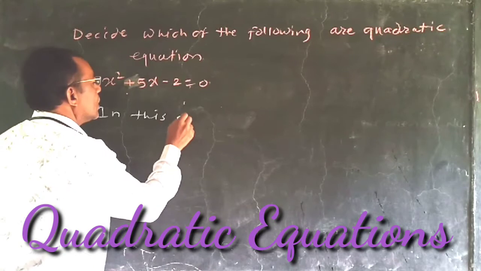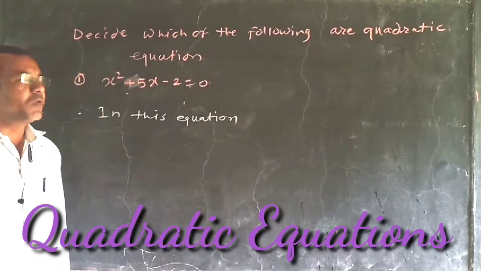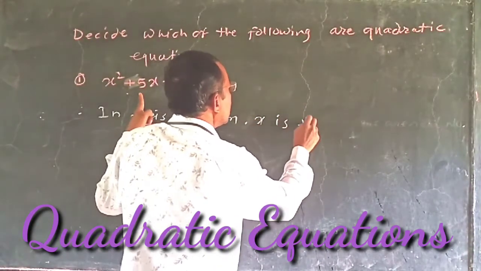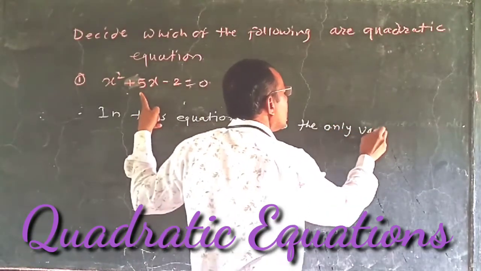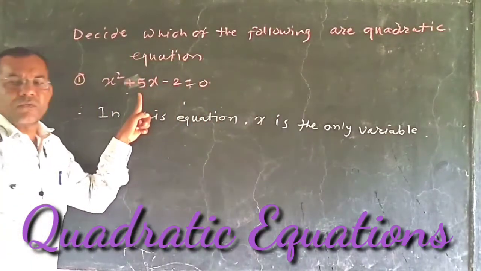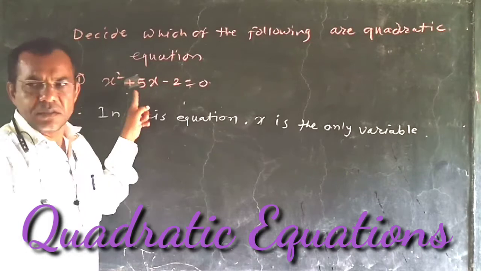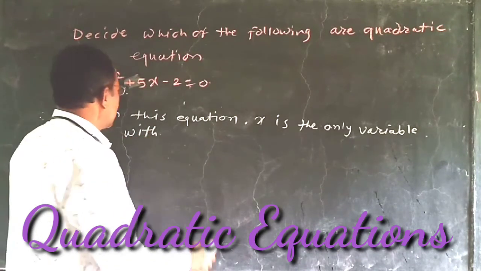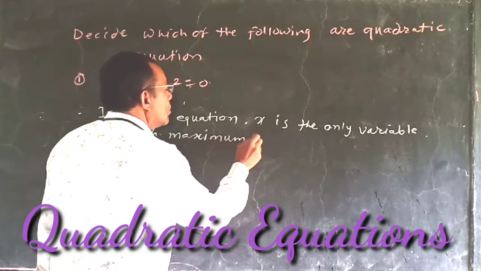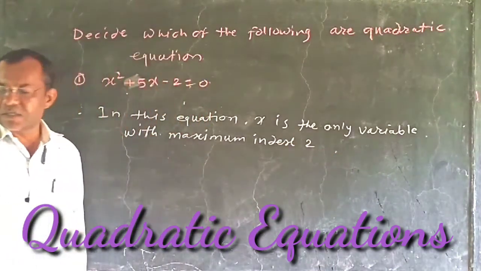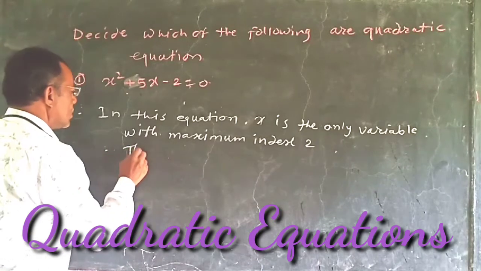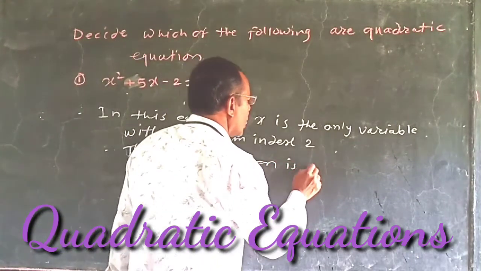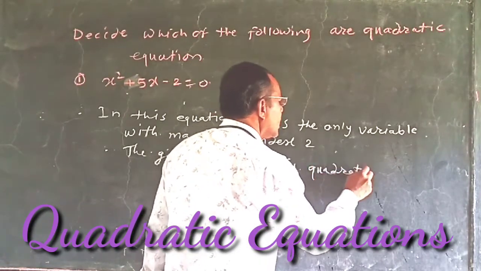In this equation, which is the variable? x. x is the only variable with maximum index 2. Therefore, the given equation is a quadratic equation.